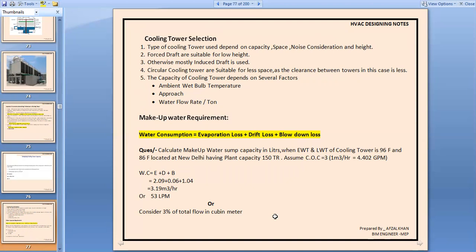This is the total you're getting in meter cube per hour. So this will be your makeup water tank capacity.